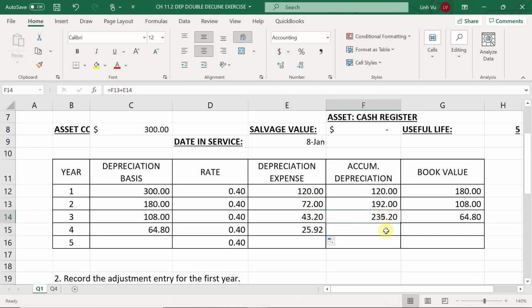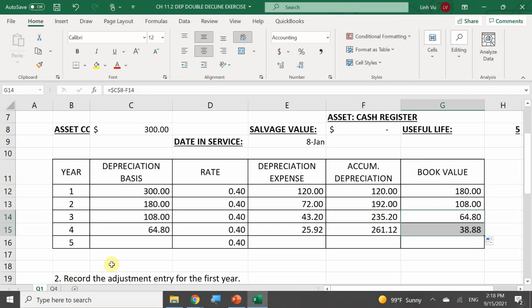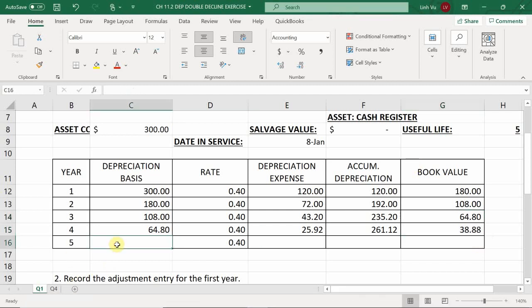Good. Which brings my accumulated depreciation to? $261.12. Good. Which brings my book value for year 5 to? $38.88. Good. So once again, that becomes my book value or my depreciation basis for year 5.